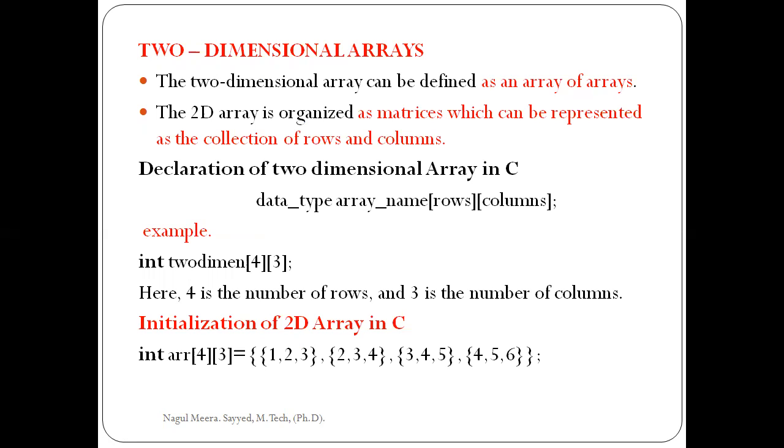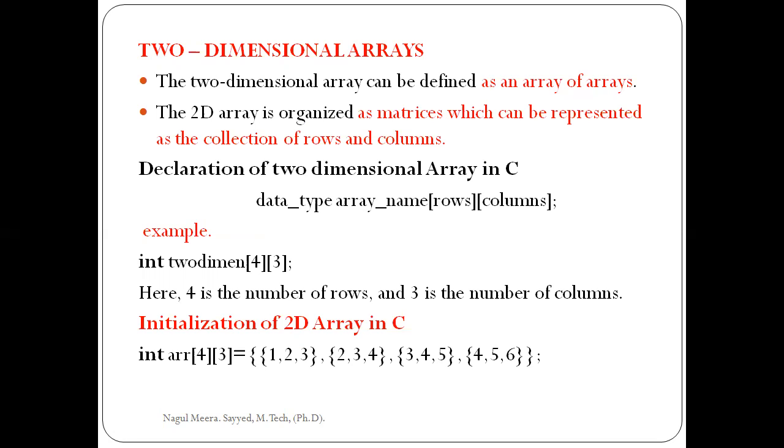Here, the two-dimensional array is organized as a matrix, which can be represented as a collection of rows and columns. This is the important part. In a one-dimensional array, the only subscript is used to represent only one column.